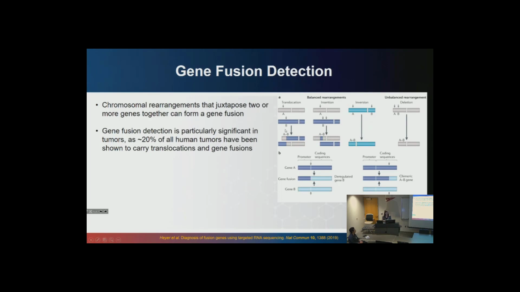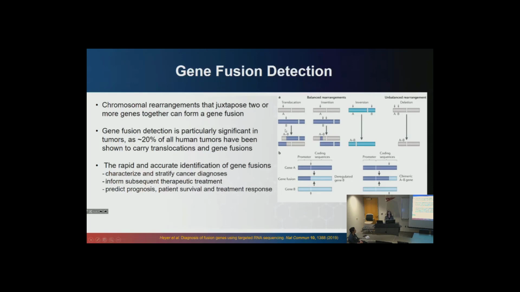Gene fusion detection is particularly significant in tumors, as about 20% of all human tumors have been shown to carry translocations and gene fusions. Therefore, rapid and accurate identification of gene fusions can characterize and stratify cancer diagnosis, inform subsequent therapeutic treatment, and predict prognosis, patient survival, and treatment results.